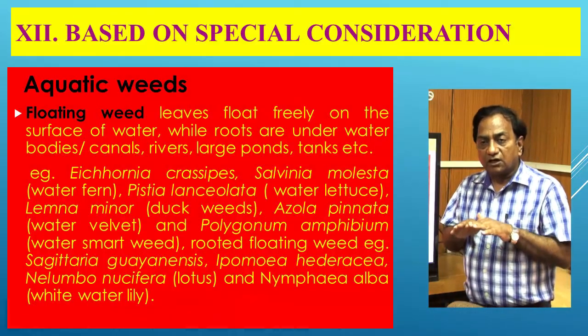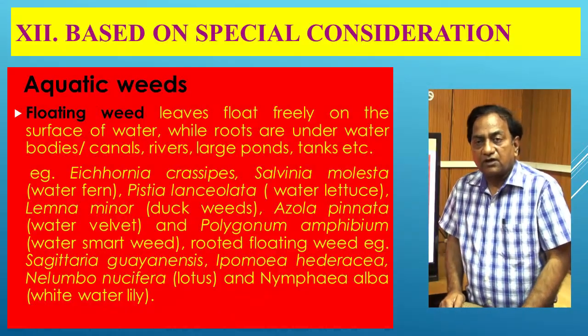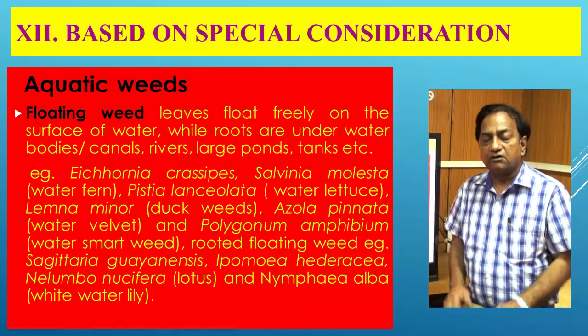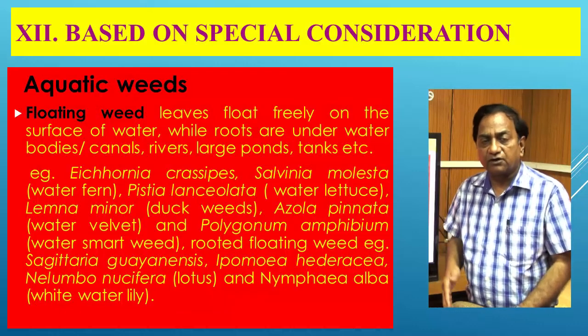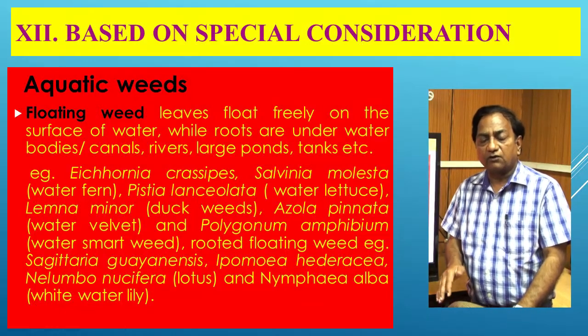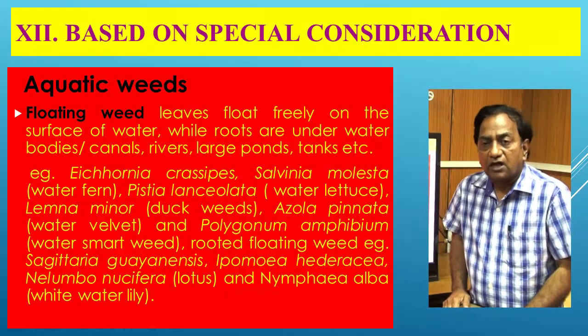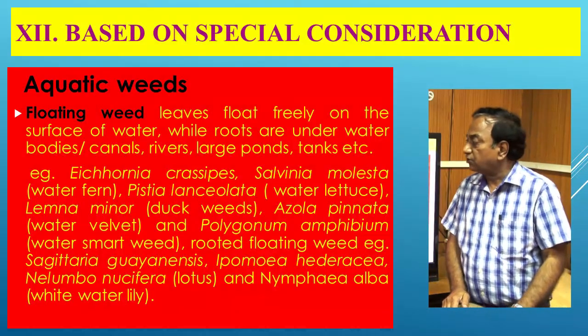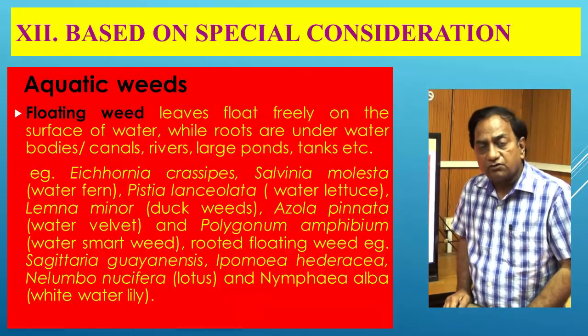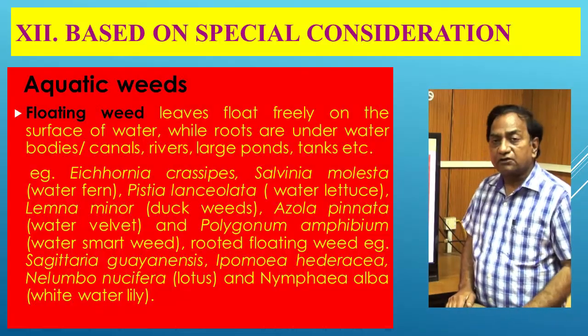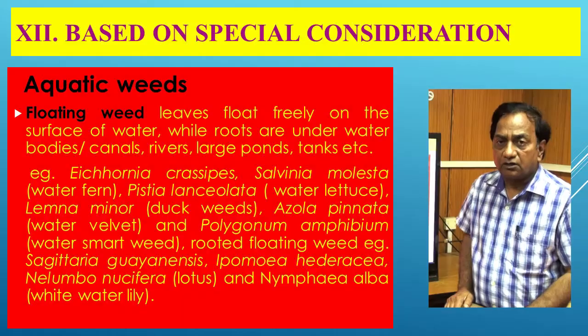So this covers the whole water surface, and this restricts the penetration of oxygen under the water surface. This way the living beings present in the water are badly affected. So you have to manage those weeds, to remove those weeds. So first of all, we would like to recognize those weeds.